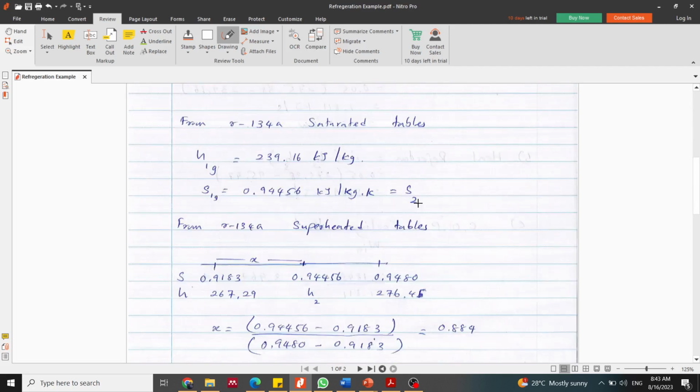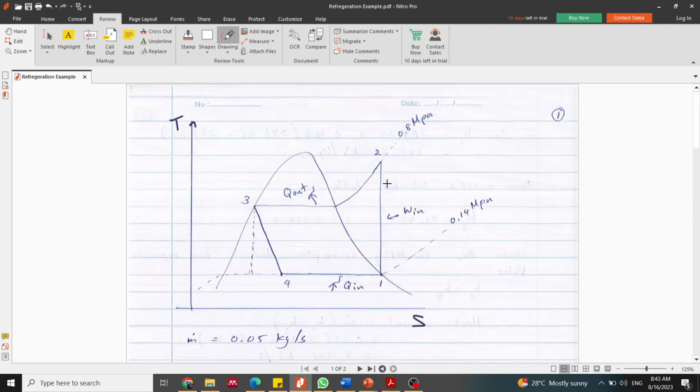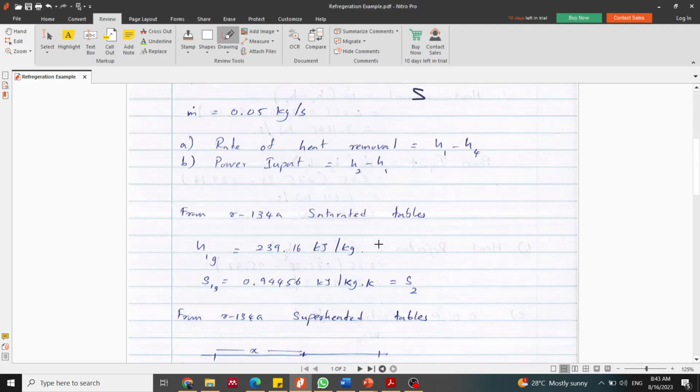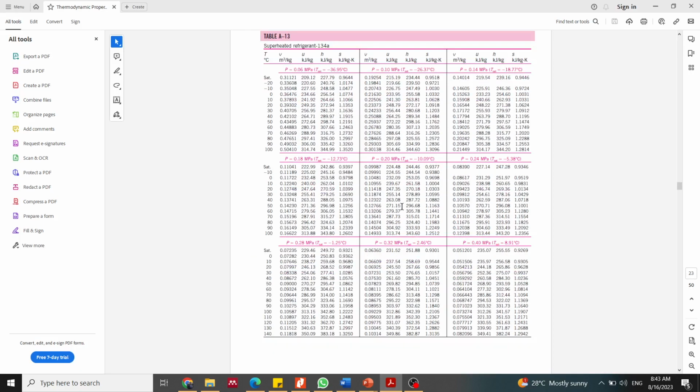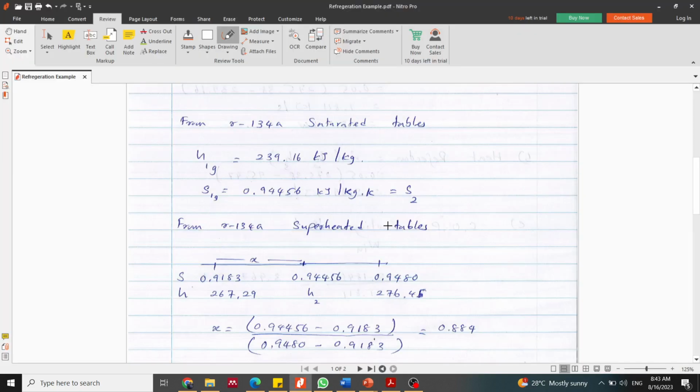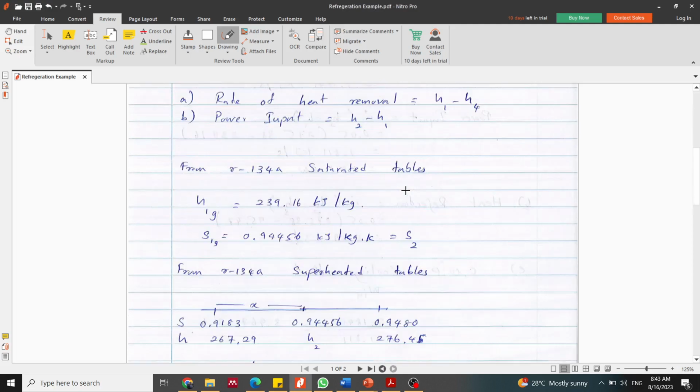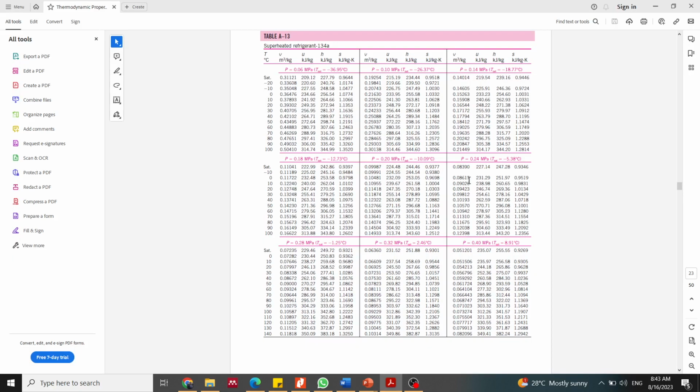Then since we know point 2, we can again refer to the R134a superheated table to figure out point number 2. We know this S2 value, and we can refer to the superheated table because this is the superheated region. So S2 is known, 0.944. Therefore if we refer to the superheated table, our pressure is 0.8 megapascal, that means 800 kilopascal.